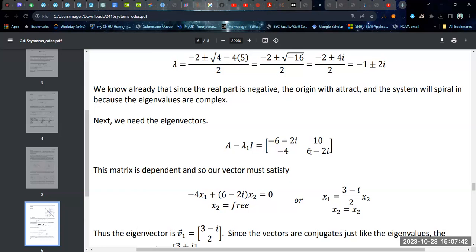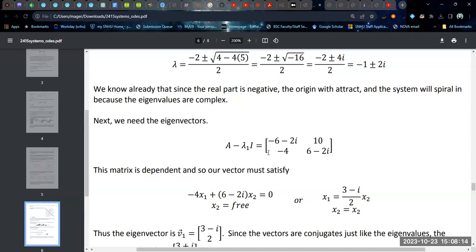You can verify algebraically that these are multiples of each other. You would need to multiply by a complex value in order to rescale this complex value to a real value. It is algebraically doable, and I'm not going to demonstrate it here, but it is possible to demonstrate that these are in fact multiples of each other. They're just complex multiples of each other.